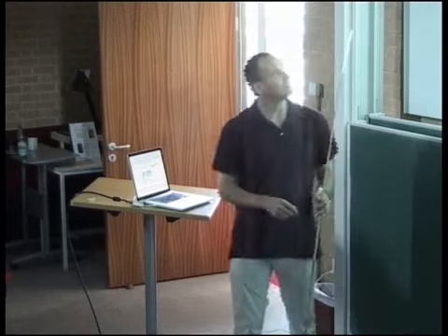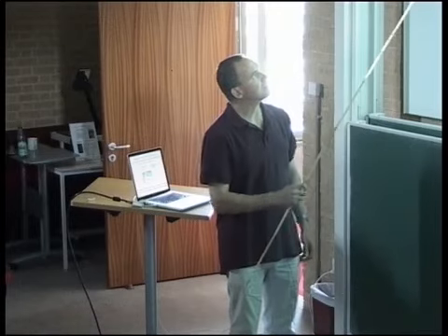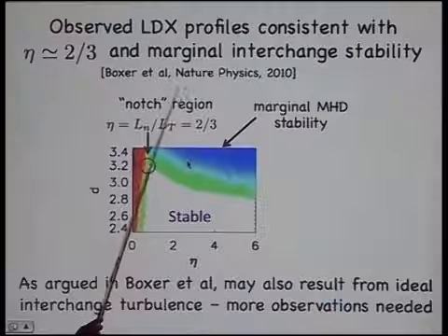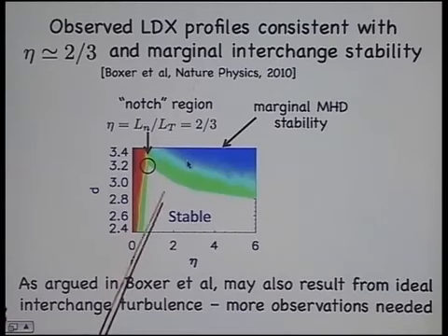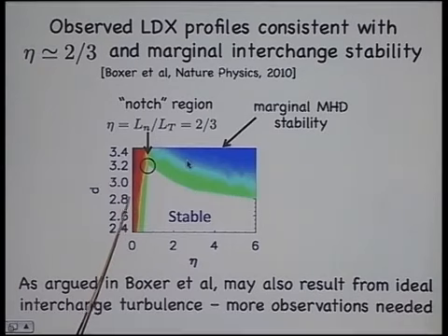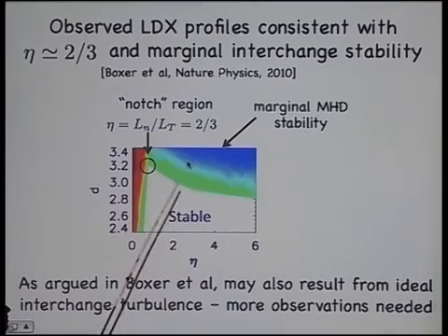All right. So recently, the MIT group published a Nature Physics paper, in which they argued that the profiles in LDX, similar to the profiles in the magnetosphere, actually are sitting in a regime where eta is on the order of 2/3, and they're close to the marginal ideal stability boundary.